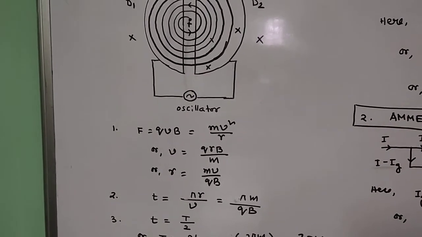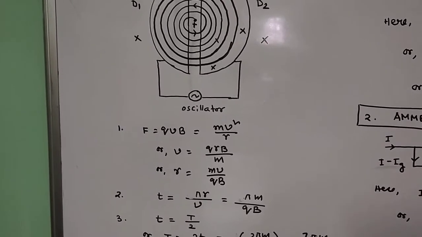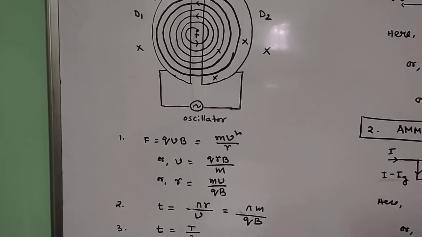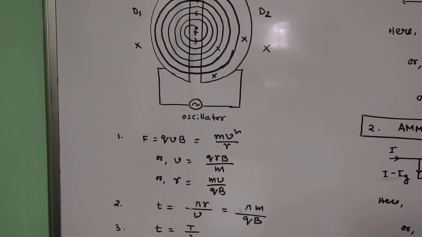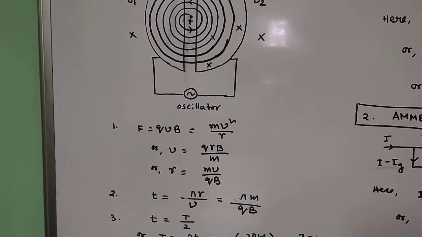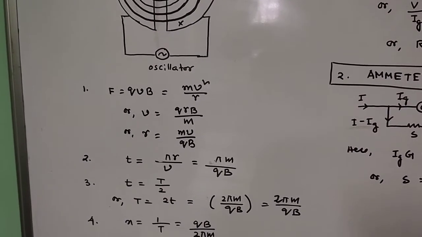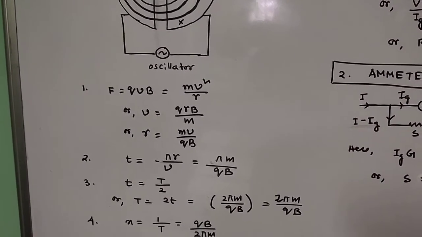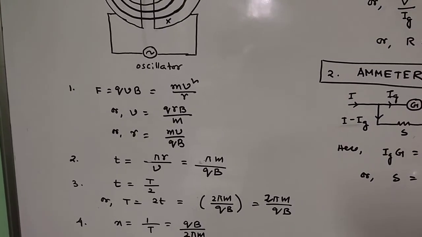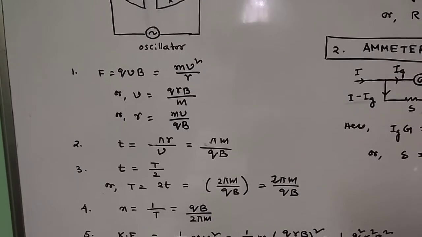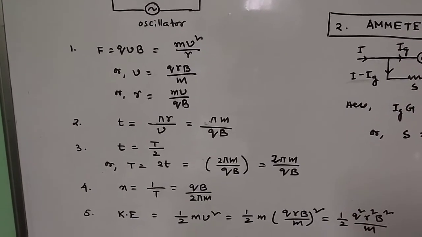So that's why alternation of potential occurs, and small t, the time to cover the semicircular region inside the D, that is pi r by v, should be equal to capital T by 2. So capital T equals 2t, that is 2 pi m by qB, and frequency we can define as n equal to 1 by T, that is qB by 2 pi m, the reciprocal.